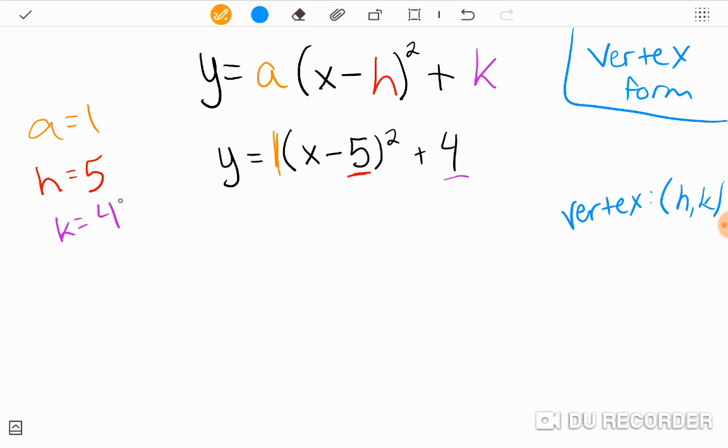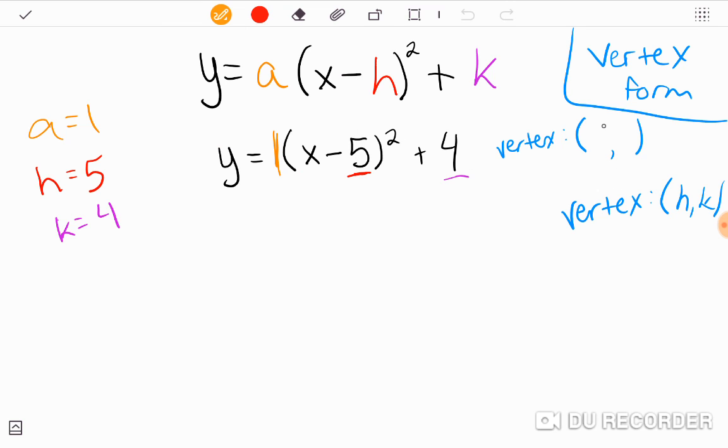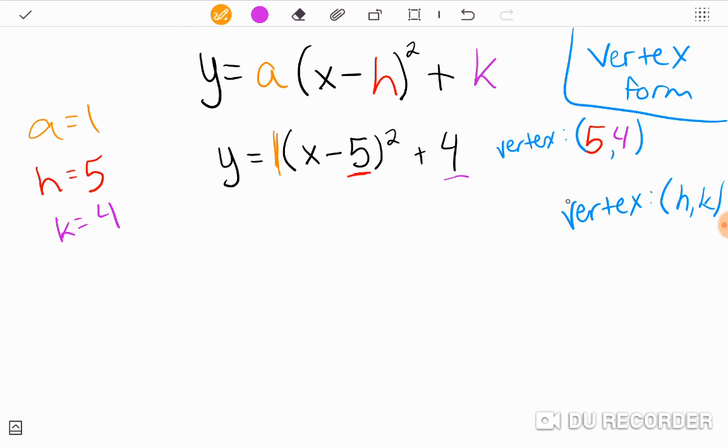That means my vertex for this problem right here, h is 5, comma k, my k is 4. It's that easy. There's no math. It's all just looking for your values in your equation.